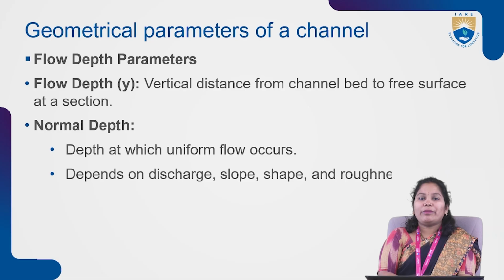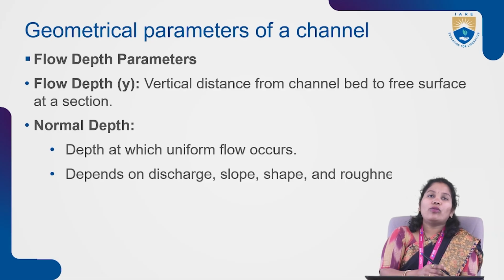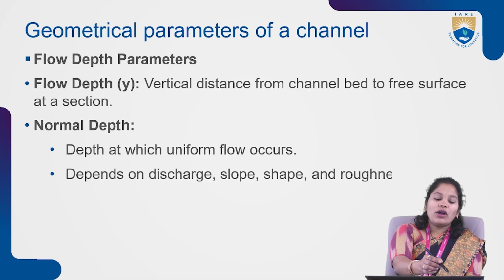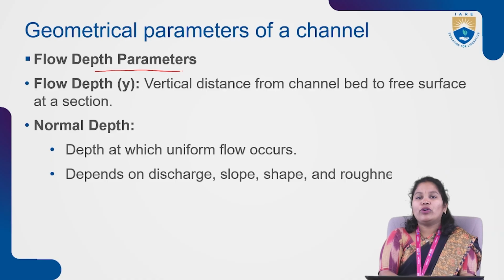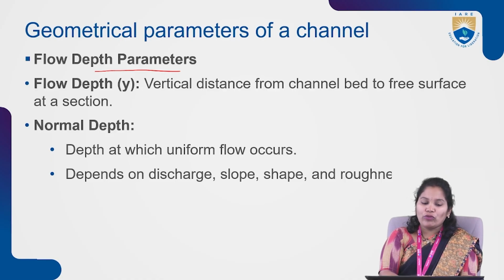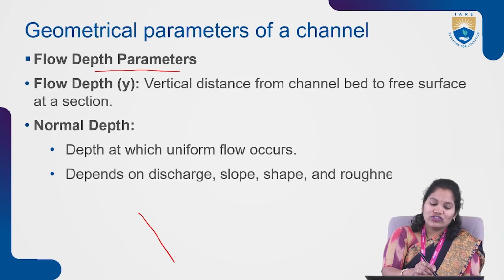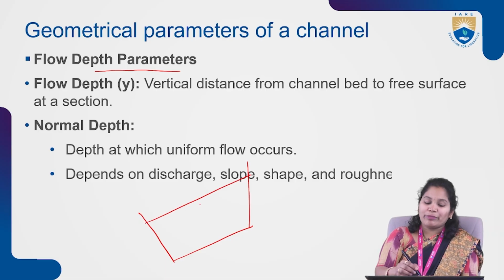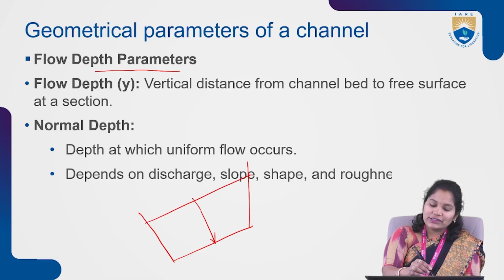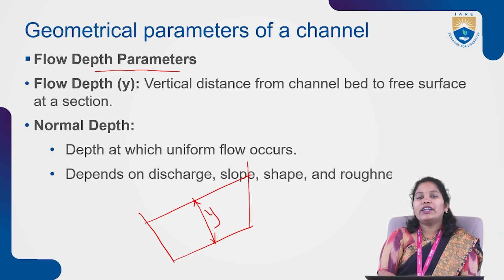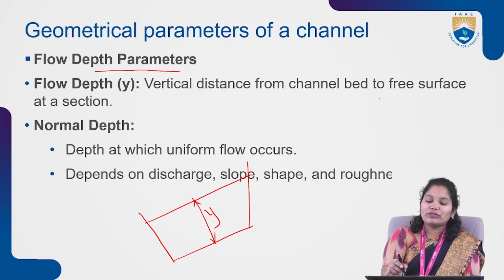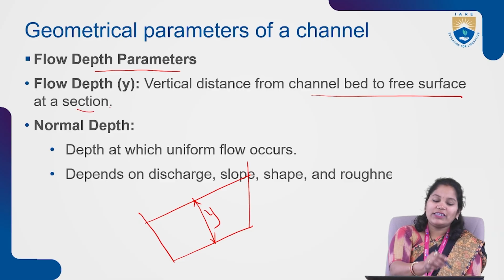Here, the geometrical parameters of a channel. The first one is flow depth. What is the depth of flow? If this is your channel, and I am drawing a trapezoidal channel, this is your depth of flow y. It is the vertical distance from the channel bed to the free surface at this section.